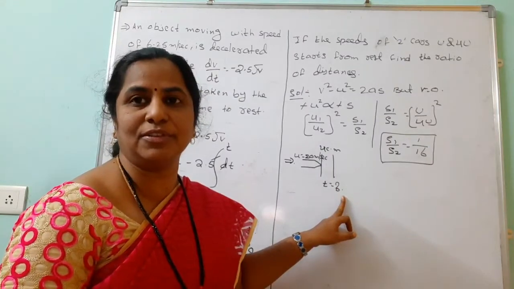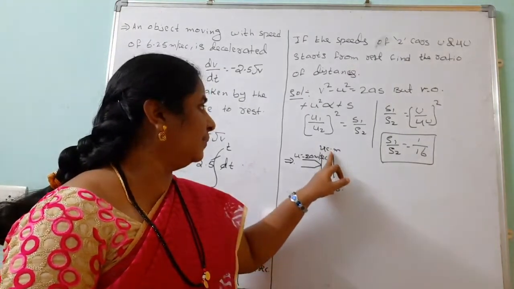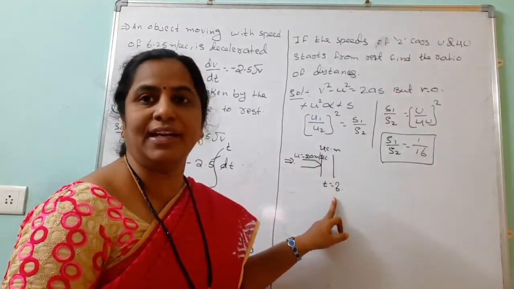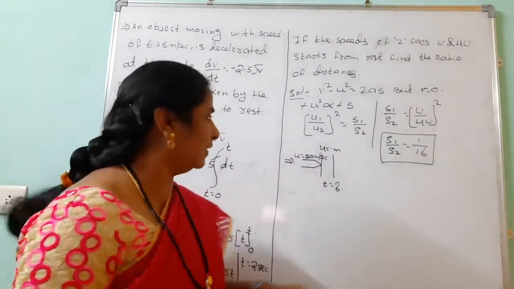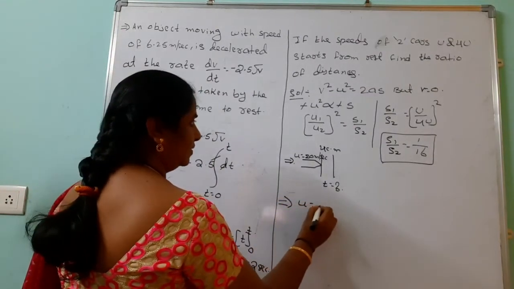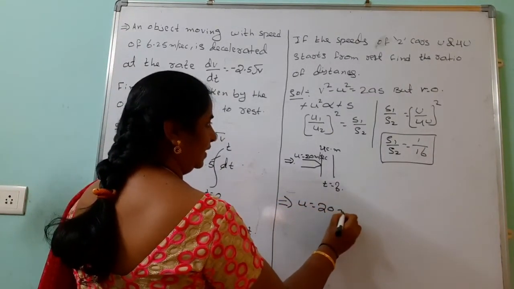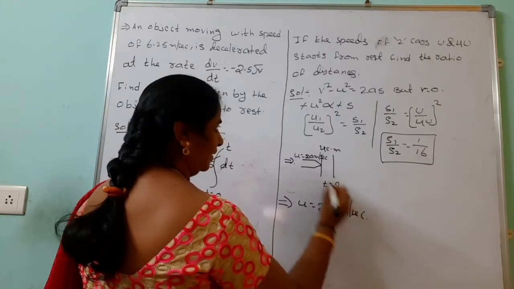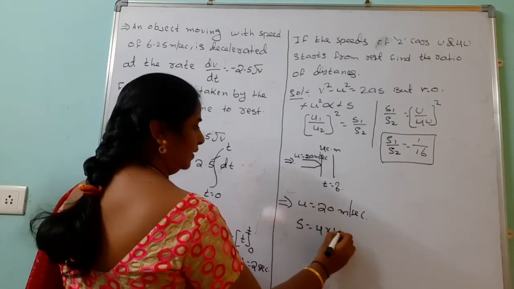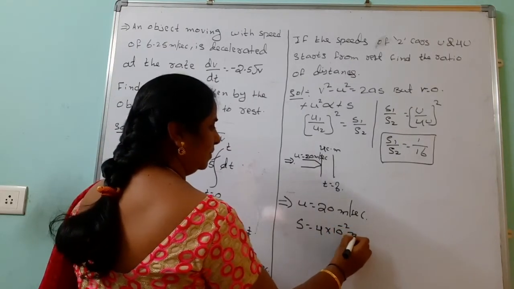Which one is suitable to find it? This one. We know the distance and the initial velocity, and we have to find the time in this case. Look, u equals 20 meters per second. Then the distance is 4 into 10 to the power of minus 2 meters.